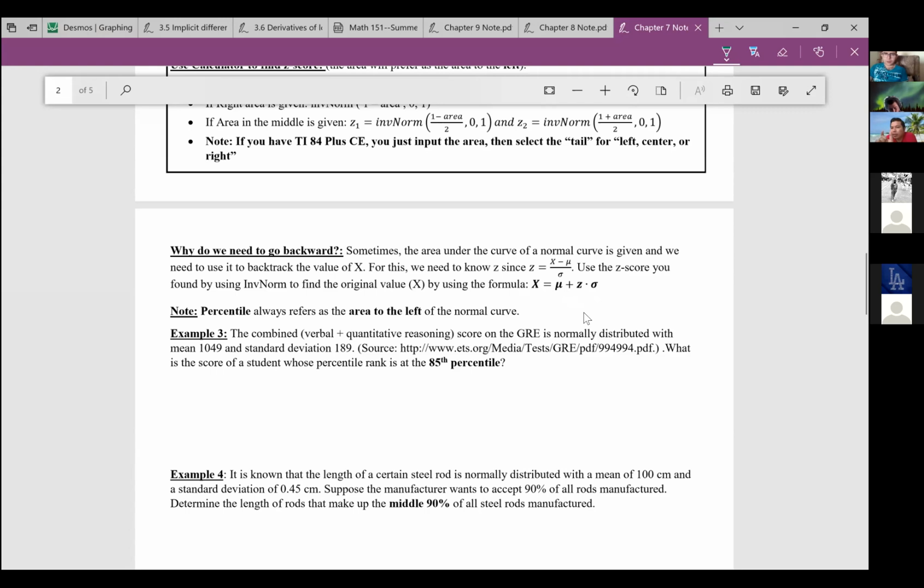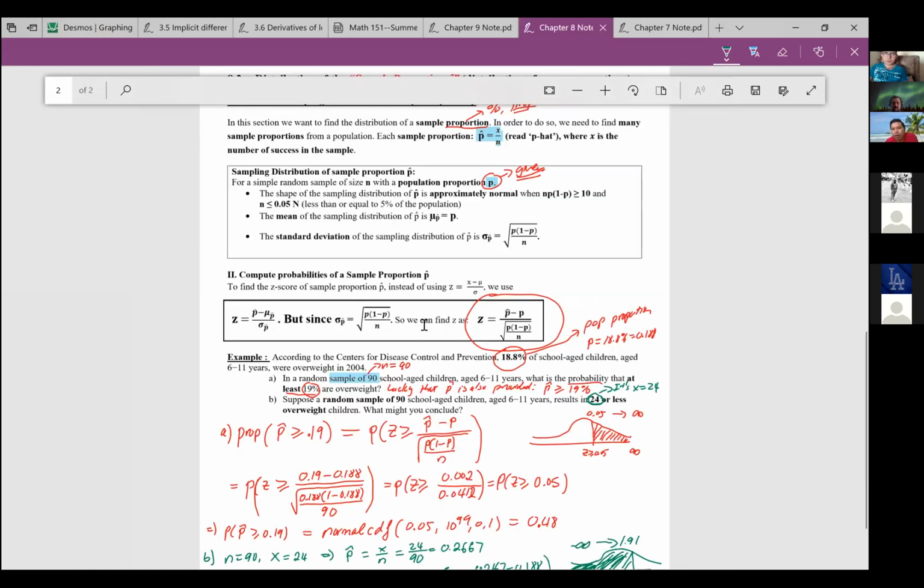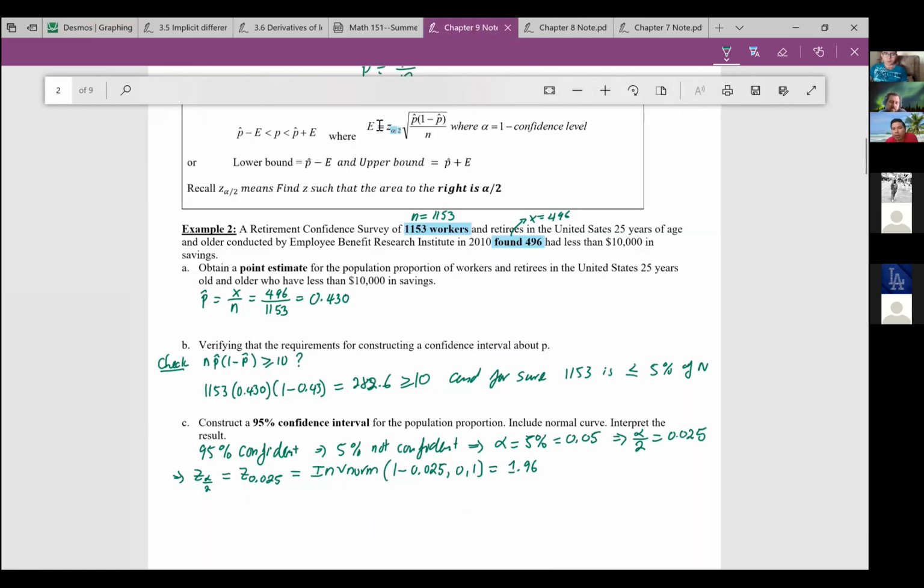Does that make sense? Yeah, you want to say, okay, this is my point estimate, and this is the actual value. So how much different are they? How much error are they making? And that comes up with the value of E, which is z times sigma. And then how do we find sigma? Sigma will be the square root of p (1 minus p) over n, and that's how they put that together for the standard, the margin of error. Okay. Sounds good? Yeah. There we go.